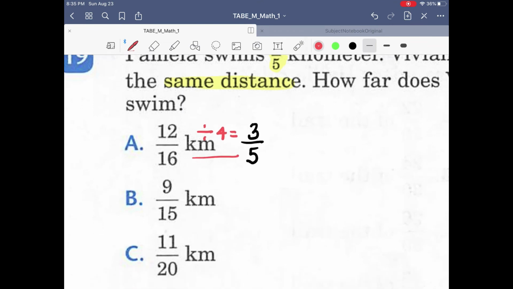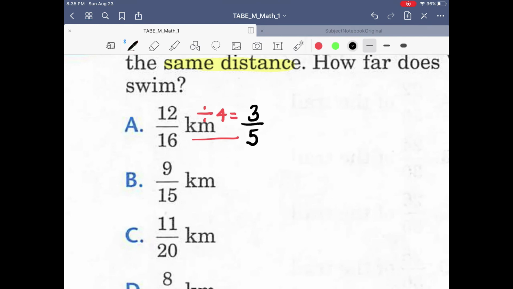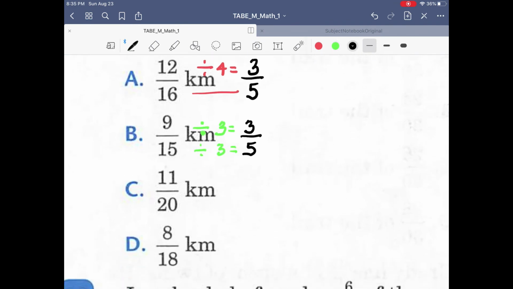On the top, I can divide by 4. That'll work, but it will not work on the bottom. 3/5. On the top, I can divide by 3, and on the bottom, divide by 3. I think that's the one.